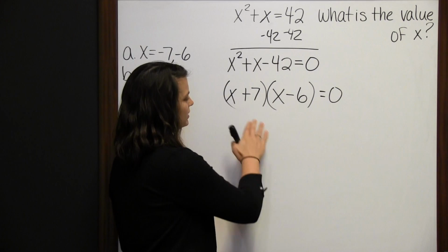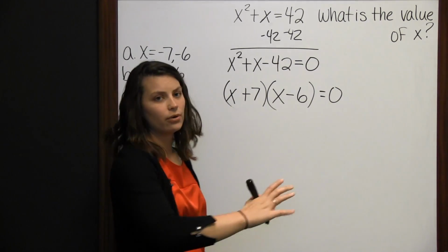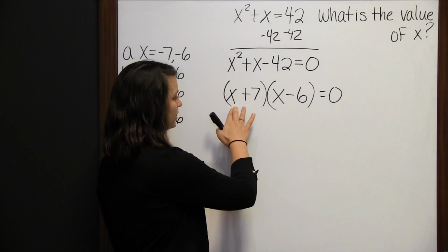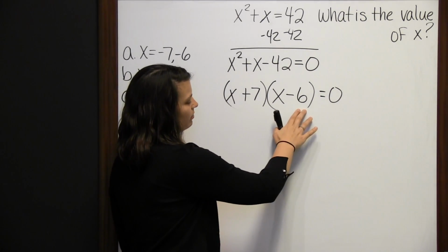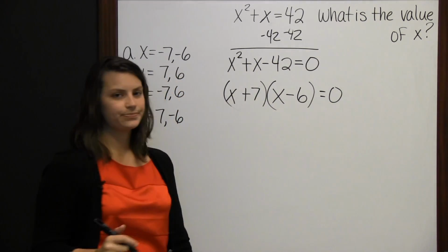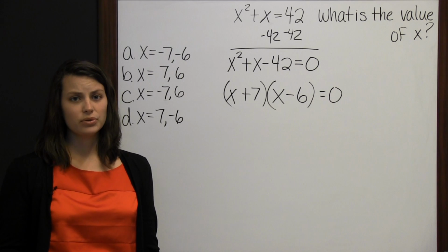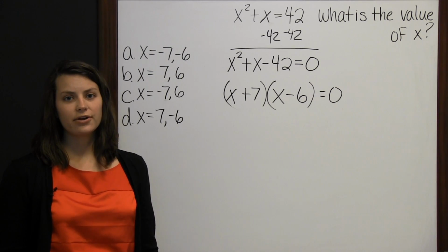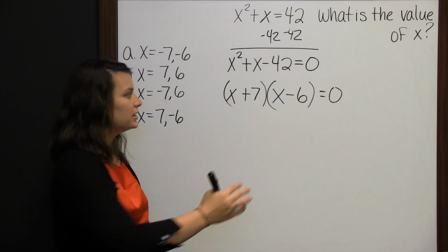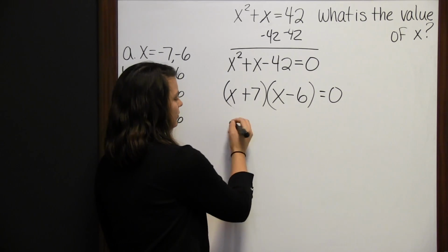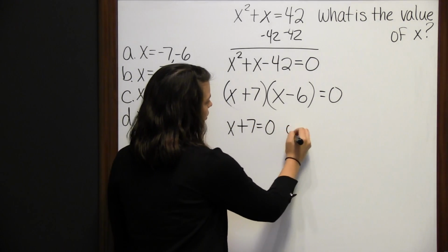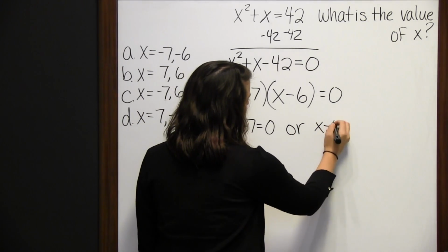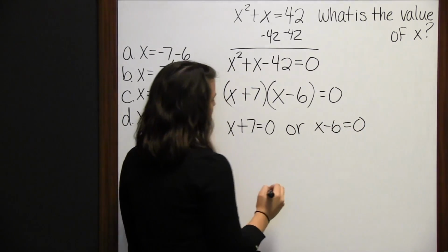What I have now is that some number, and I don't know what it is because I don't know what x is yet, but some number times another number is 0. And the only way to multiply two numbers together and get 0 is if one of your numbers is 0, which means either x plus 7 has to be 0 or x minus 6 has to be 0.